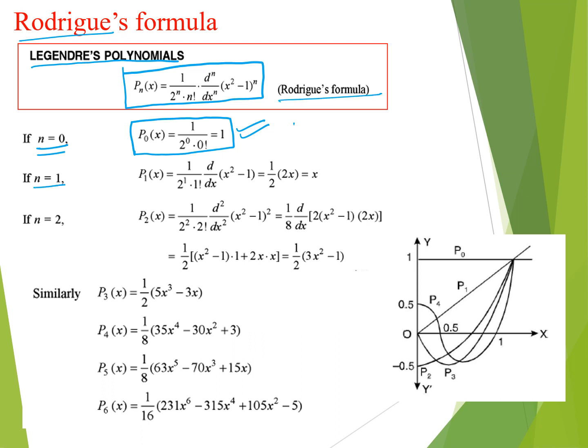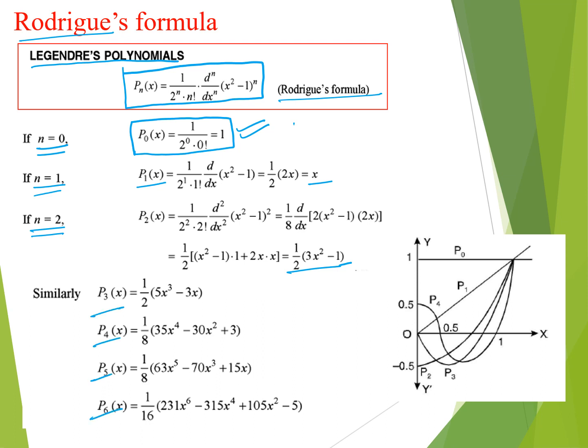Now when we substitute n = 1, we get P1(x) = x. Similarly, when substituting n = 2, we get P2(x) = 1/2 (3x^2 - 1), and so on for P3, P4, P5 and P6.